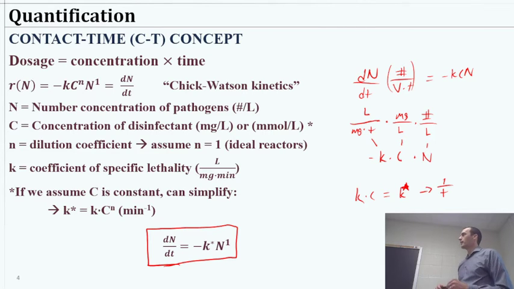Now, one thing you might notice is that technically the concentration could change over time. Chlorine is reactive. Maybe it's reacting over time, and we're reducing the amount of chlorine we have. That means this entire reaction is no longer going to be first order, because it's depending on two different things changing. It gets complicated.